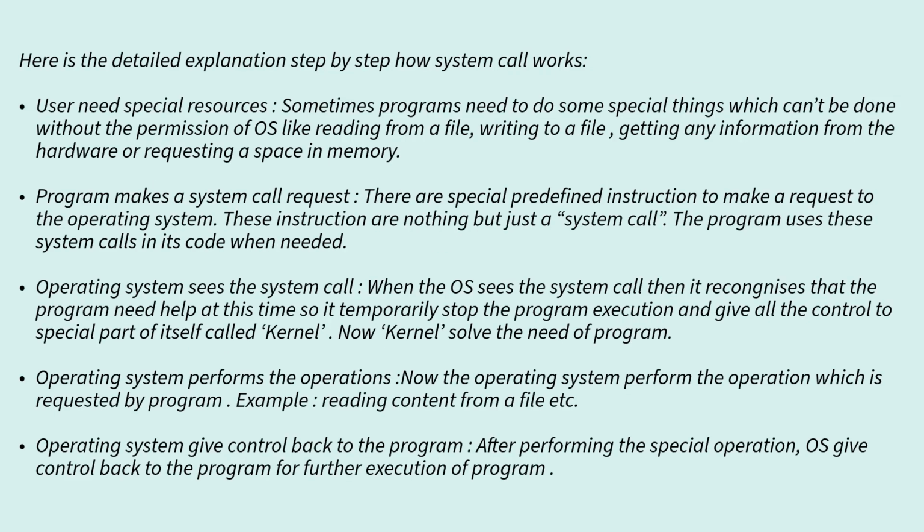Okay, so let's see an example, step by step, of how a system call works. Let's say I'm running an application program. It needs to do something special, like reading a file or maybe writing to a file. So the program makes a system call request. There are special predefined instructions to make a request to the operating system.